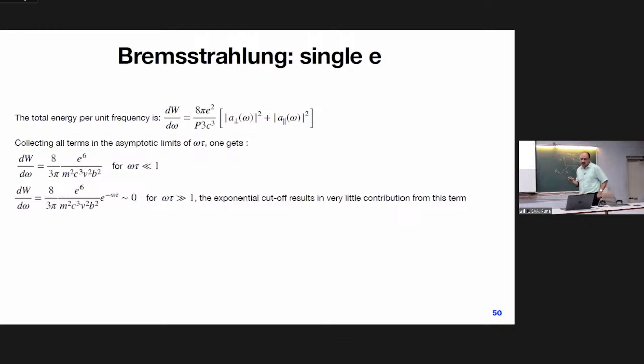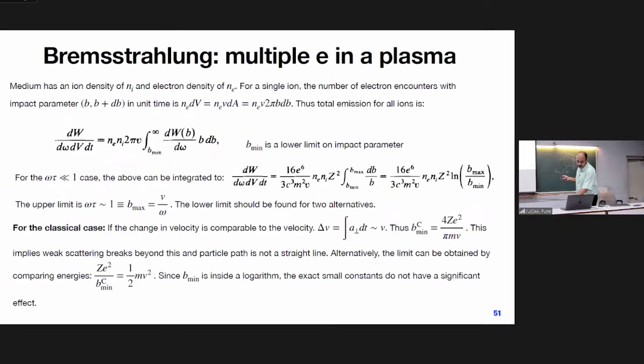So after working out all of the mathematical details, what we are trying to find out is the emission at a given frequency. For a given frequency, only certain ranges of frequency will contribute. Otherwise, the spectrum is 0 for omega tau greater than 1. So this is the final formula of the Bremsstrahlung.